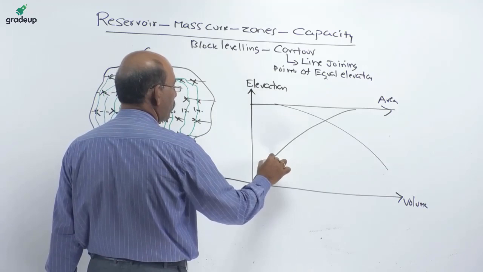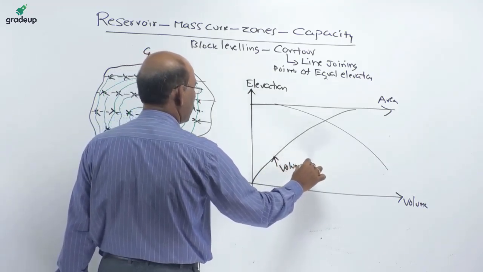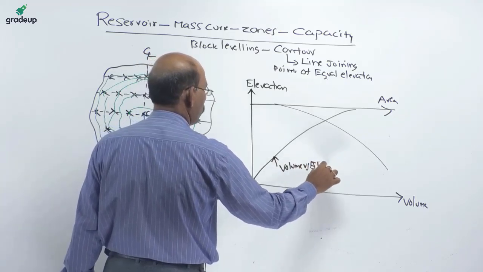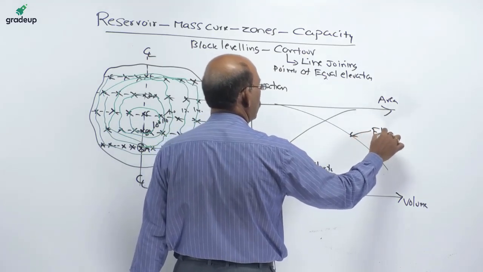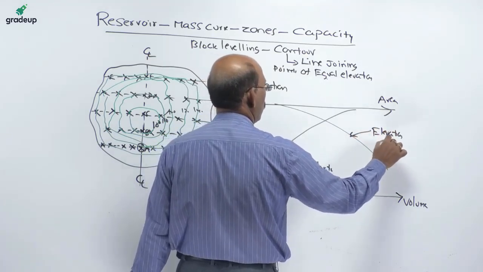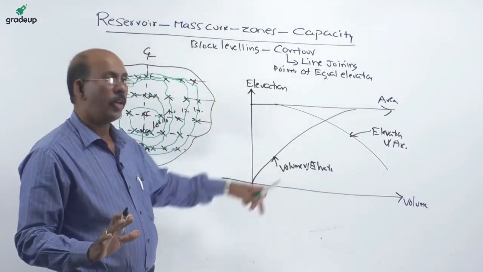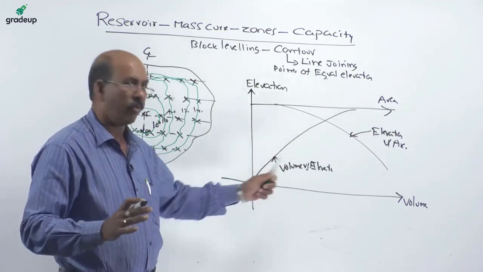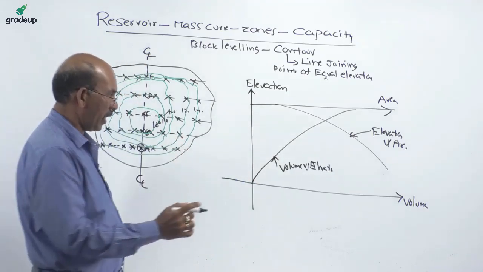So this is the curve of volume versus the elevation, and this is the curve of elevation versus area. Now knowing this, we can calculate with the help of this particular contour map.